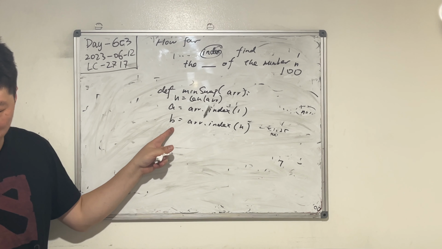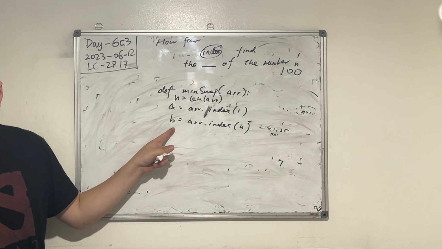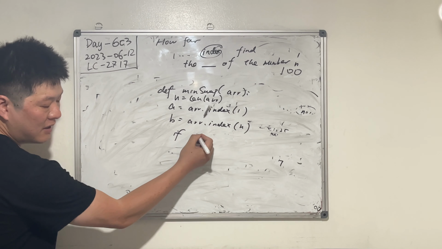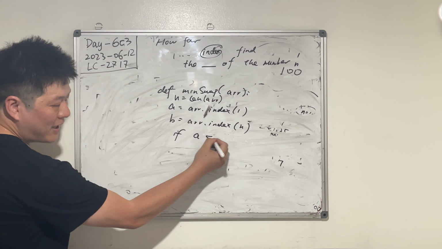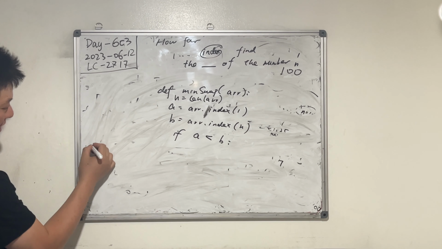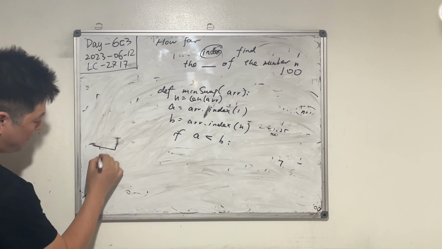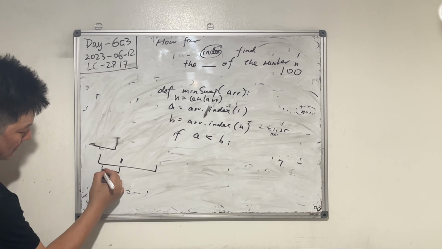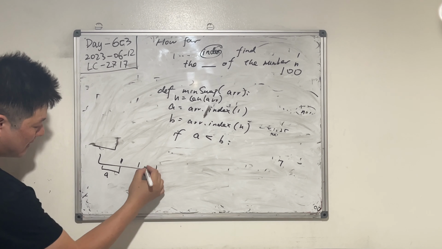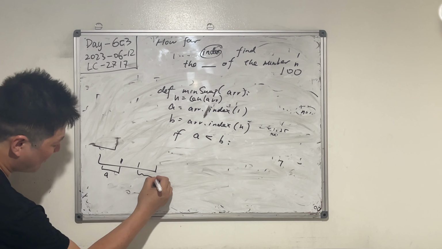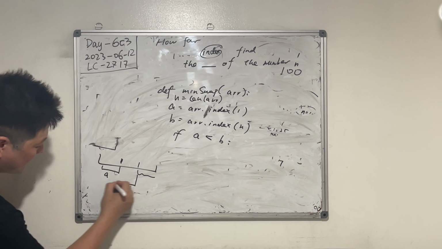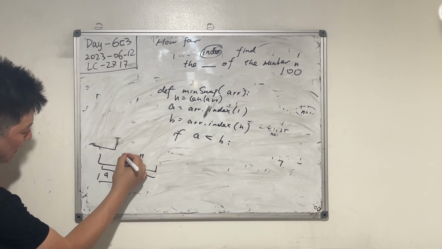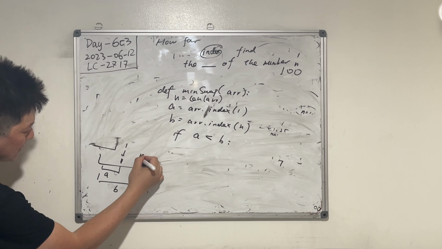How many cases do we need to check? 2. One is if A is smaller than B, then what do we return? For example, if the 1 is here, this is A, this is B. This is 1, this is n.